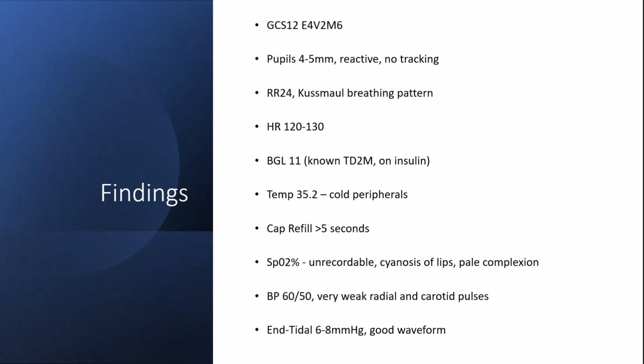These were the vital signs, a little bit changed from the ones I obtained, but these were the generalized observations that we've obtained. So the GCS was a 12 made up of E4, so eyes were open spontaneously. A V2, so incomprehensible noises, can't really communicate with this patient.